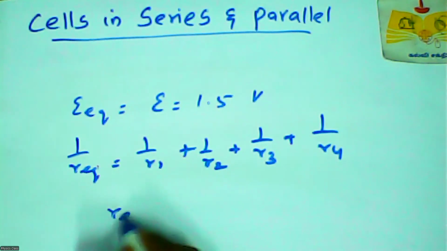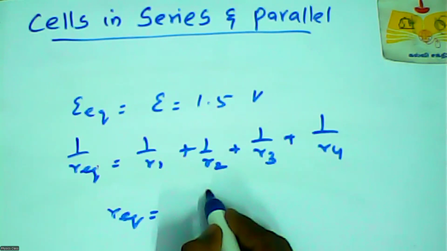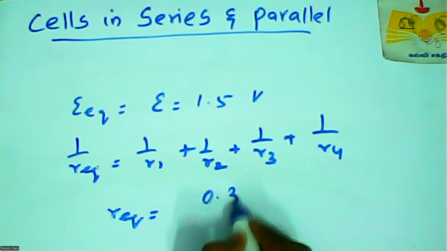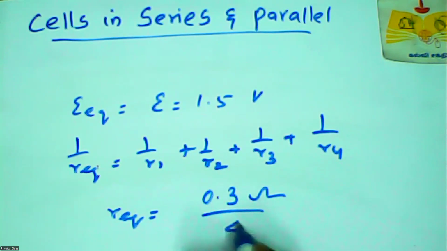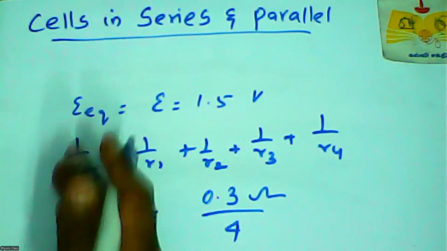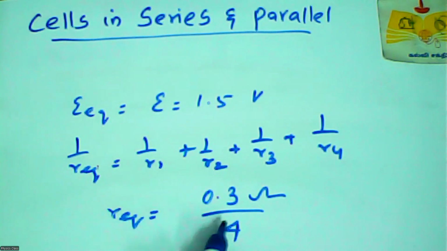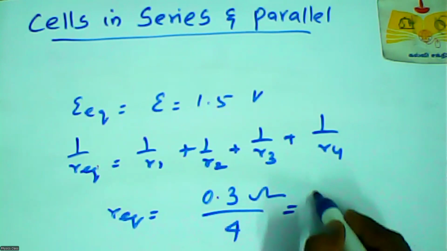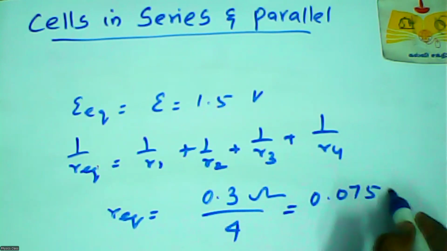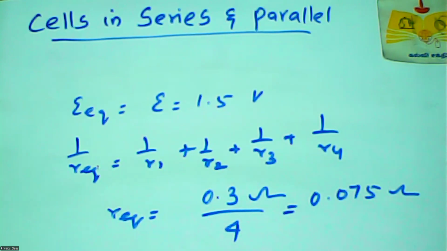So R equivalent means 0.3 ohm by 4. Clear? For R equivalent, you have to take the reciprocal. Then you will get 0.3 ohm by 4, which gives 0.075 ohm. This is the value for R equivalent in this case. Clear? Okay.